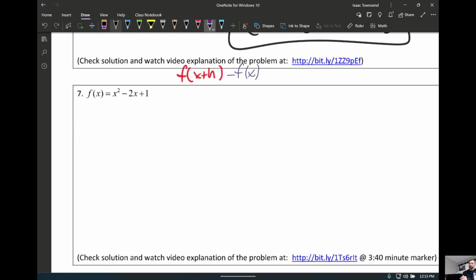Okay, difference quotient. Applying the difference quotient.